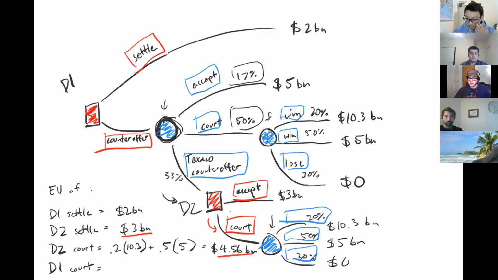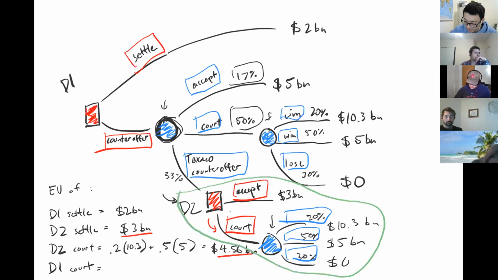Okay, so we actually know the expected value of this entire branch here is equal to 4.56 billion. So now we can go backwards and calculate the expected value of making your first decision of counter offer.